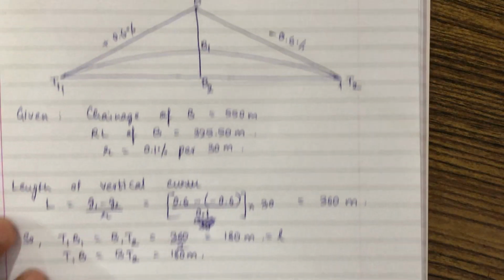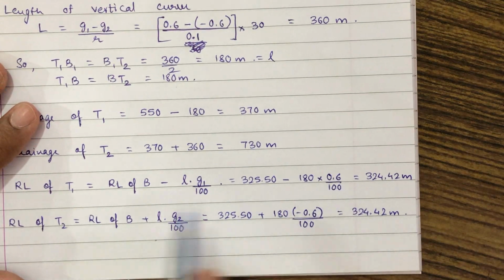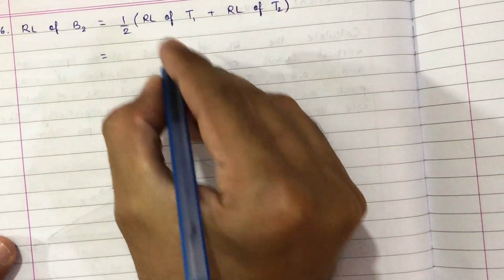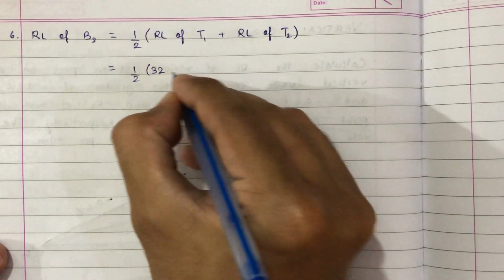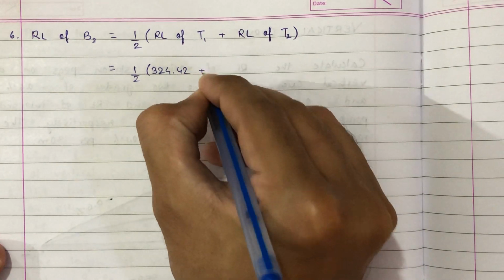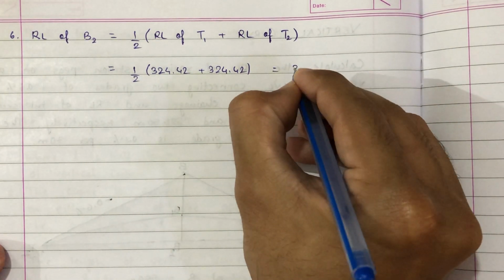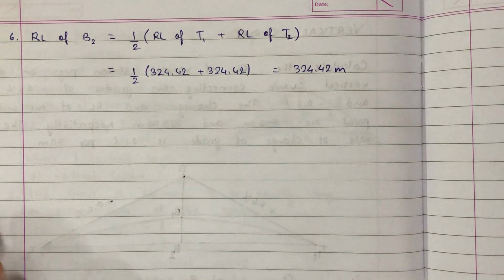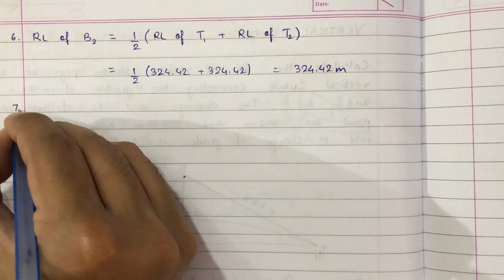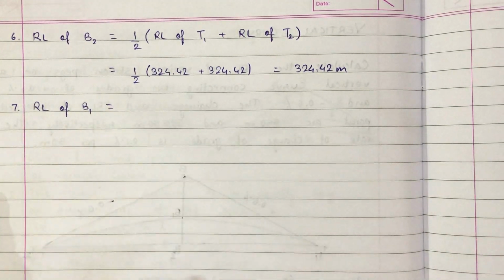Here RL of T1 and RL of T2 are the same, that is 324.42. So this will be half of 324.42 plus 324.42. This will give us the same value, that is 324.42 meters.